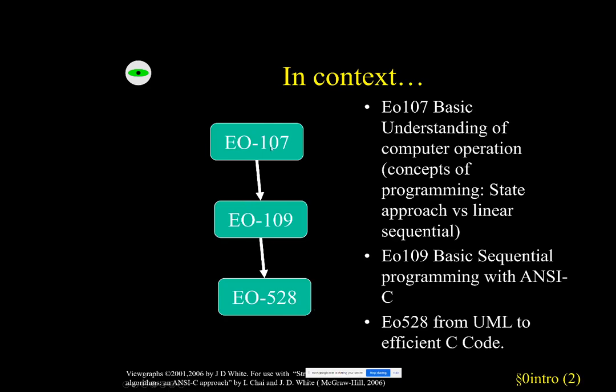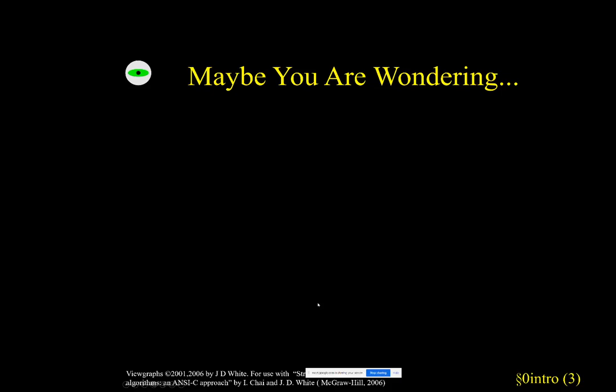In our department, we have one course that gives you some basic understanding of computer operations, a second course with some basic programming skills, working with either ANSI C or Python depending on who taught it, and then this course.